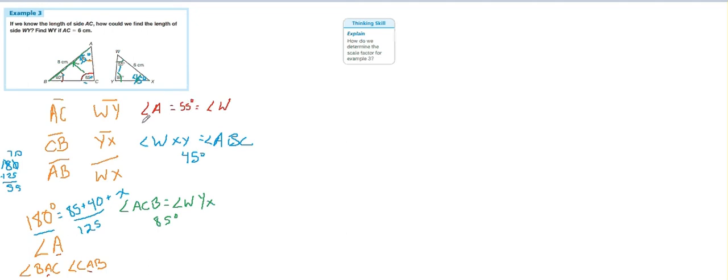Okay, that was a slow review of things we need to understand about triangles to be able to do this today. It asks in example 3, if we know the length of AC, which they don't tell us, they're just saying hypothetically, if you knew the length of that side, how could we find the length of side WY? Let's imagine that we do know the length of AC. Let's say AC is 6.